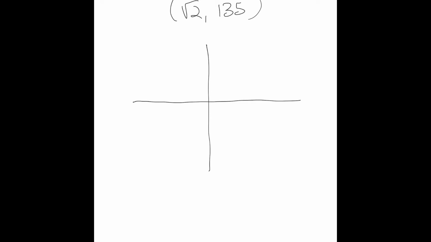My radius is √2, positive. So we'll start over here on the right side, and we'll go to 135. The square root of 2 is like 1 point something. So 135 would be here right in the middle.